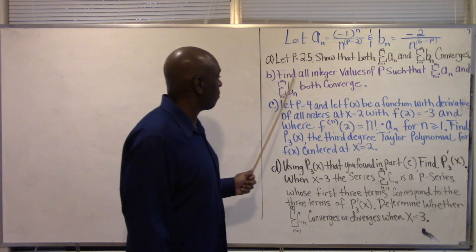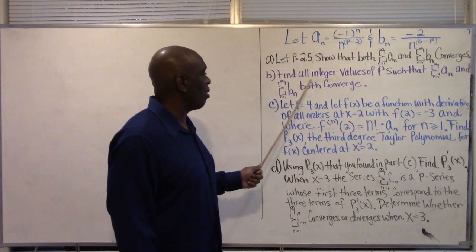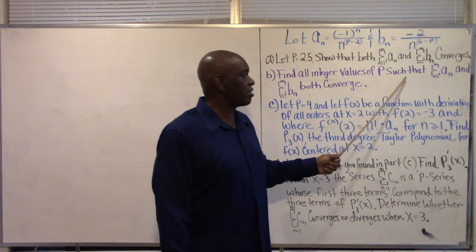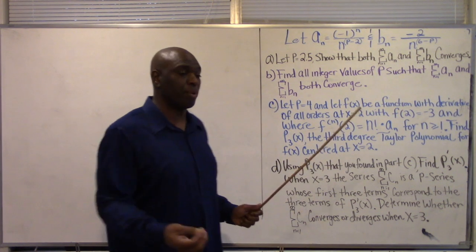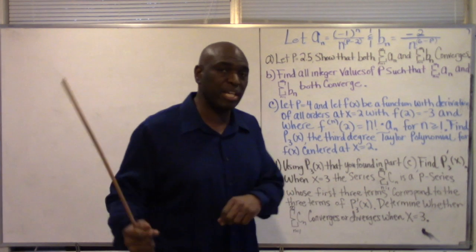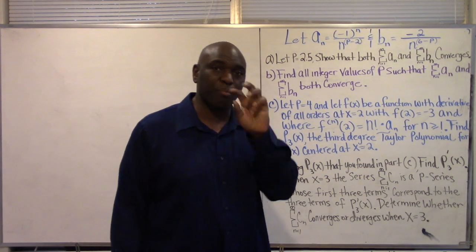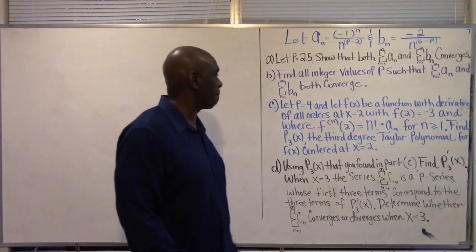And then we want to come back and find all integer values of p such that the series a_n and the series b_n both converge. What are those integer values that would cause convergence on both series? Okay?